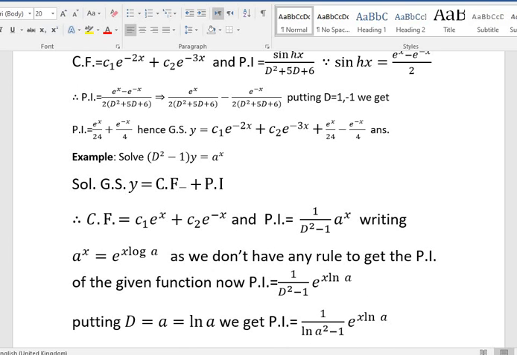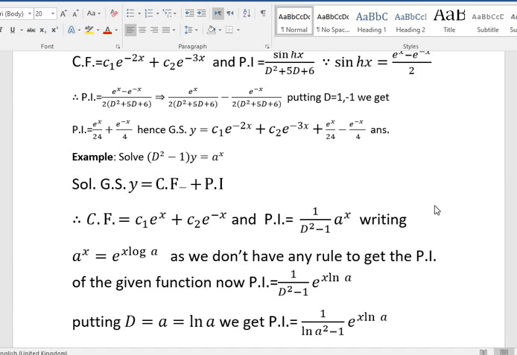The general solution is y equal to CF plus PI. For writing the CF, m^2 minus 1 gives m equal to plus 1 and minus 1, and the PI is a^x divided by D^2 minus 1.